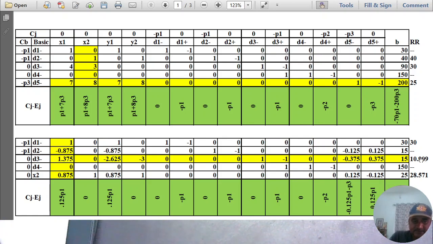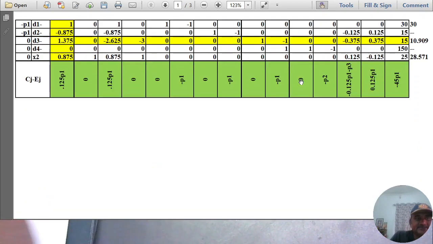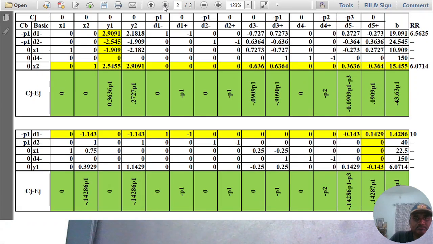All right. With that information, we proceed to the next iteration. Here it is, D3 replaced by X1.